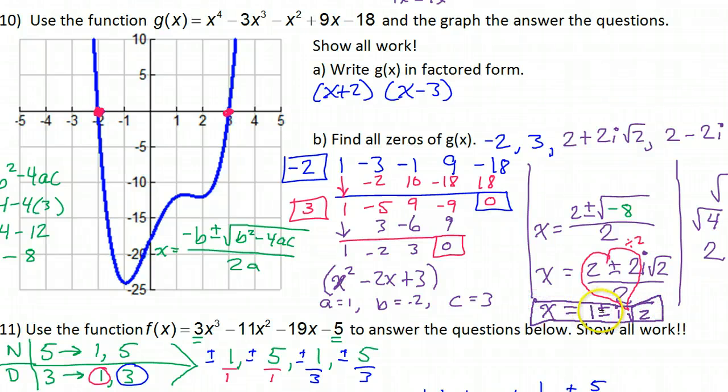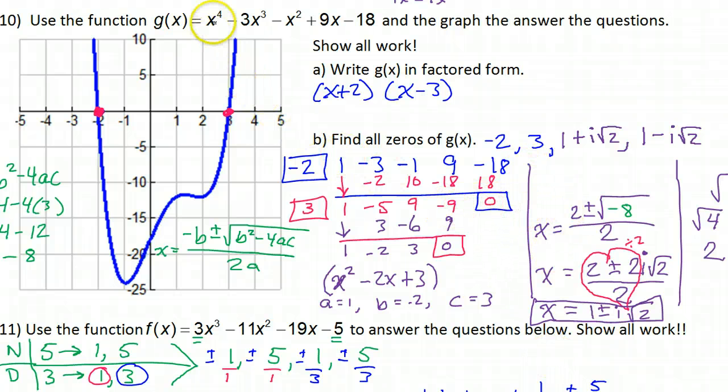Once you reduce, it's 1 plus or minus i radical 2. Let's write these separately as 1 plus i radical 2 and 1 minus i radical 2. So that's it for the zeros.